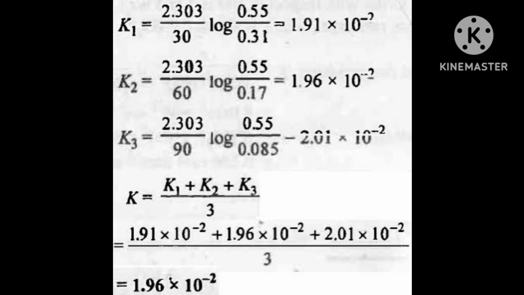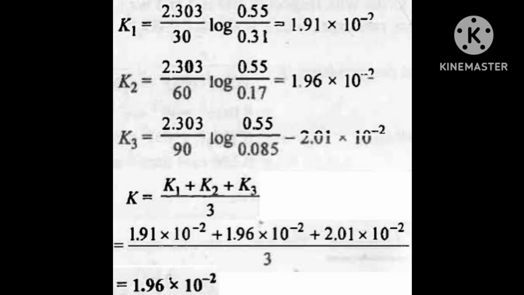Then this K dash H2O is constant and is equal to 2.004 into 10 to the power minus 3 per minute. That is the first 30 minutes you have taken. That value only you can take, no problem.